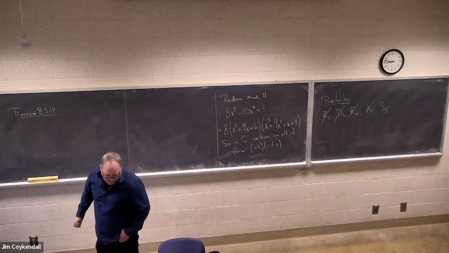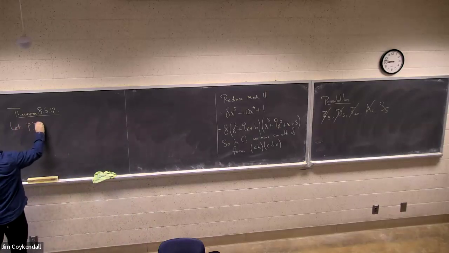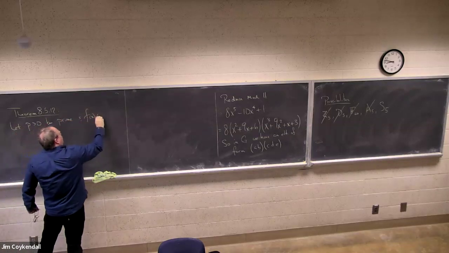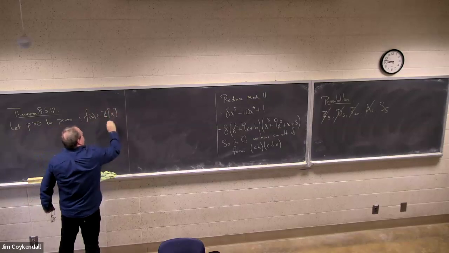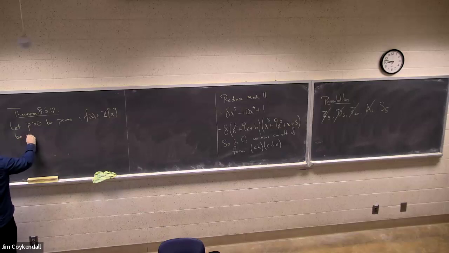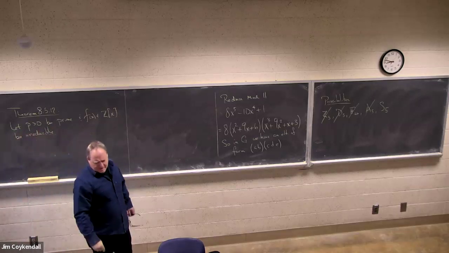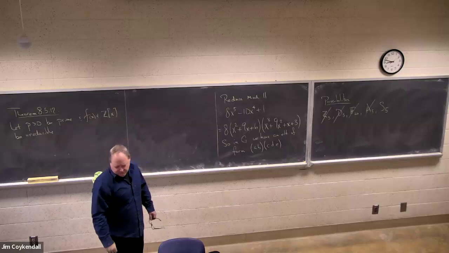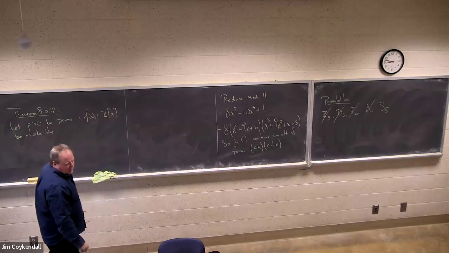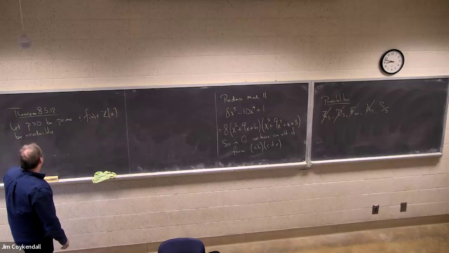Let p be a positive prime and f of x irreducible. So suppose you have a polynomial with integer coefficients, and suppose it's irreducible. Of course, this doesn't necessarily have to be over Z, that's kind of the smallest case, but you can generalize this.